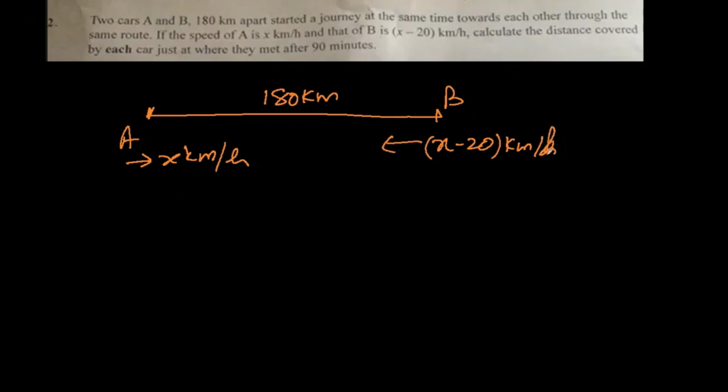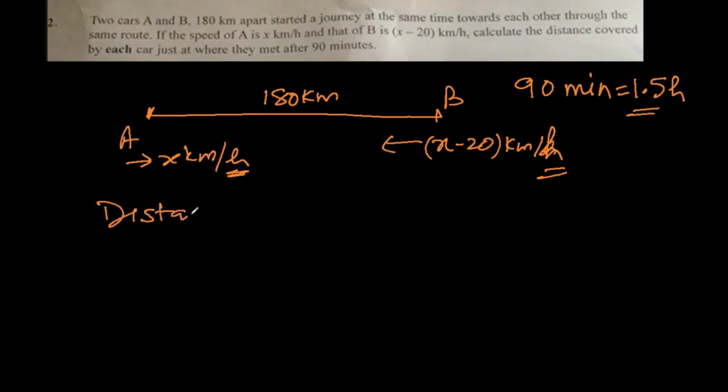Since it is kilometers per hour, 90 minutes should be changed to hours first, which is 1.5 hours, right? This is what we will use now. We know that distance equals speed times time. So let's assume that they meet at this point.